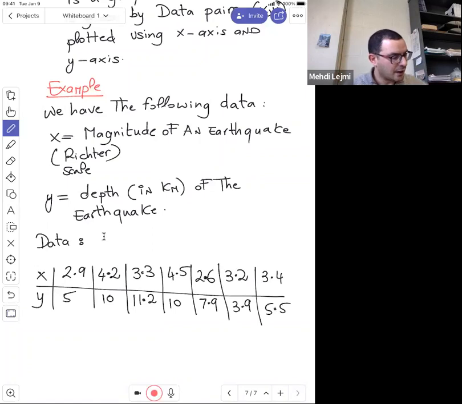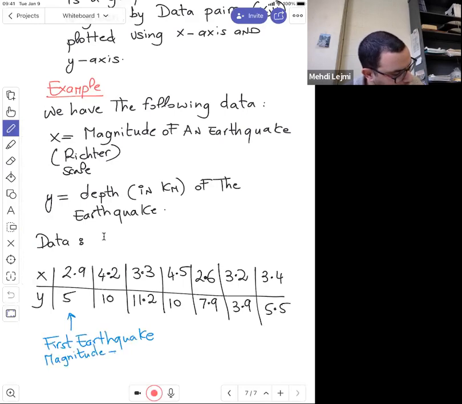So again, guys, here we don't have just one data value, we have data pairs, right? So for example, this is your first earthquake. The magnitude is 2.9 and the depth is 5 kilometers.